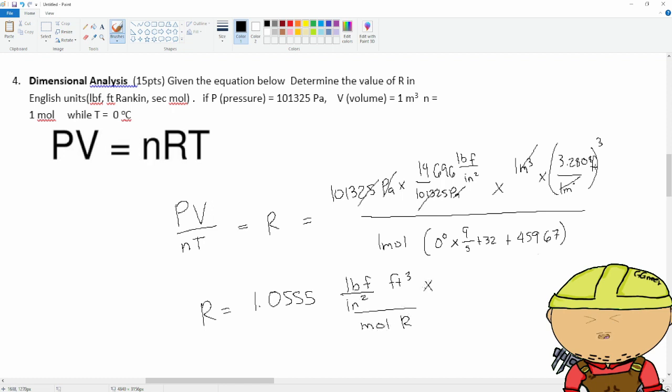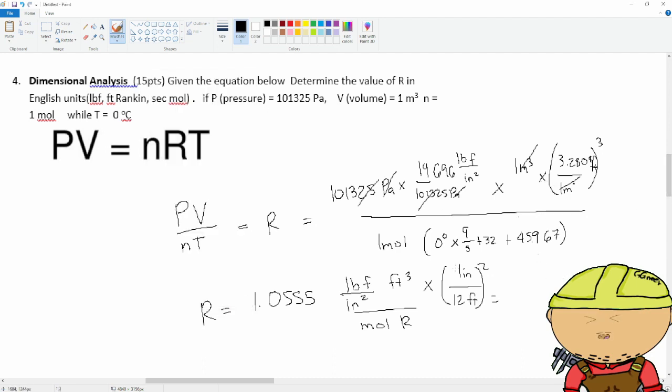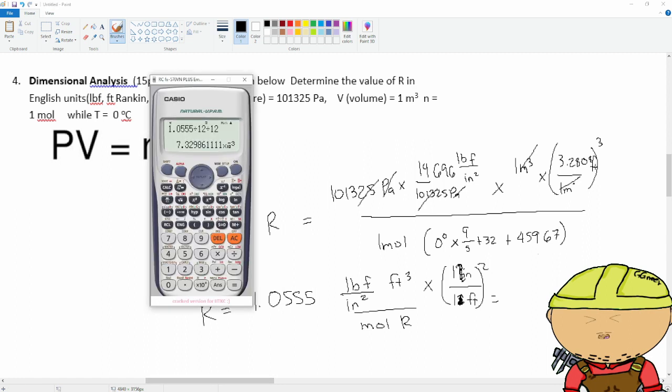I'm going to convert that inch squared. 1 foot is equal to 12 inches, so that's going to become 1.0555 divided by 12 divided by 12. That's wrong, wait. 12 inches is 1 foot, right? It's the opposite. 12 inches is much bigger, so that's going to become multiply.